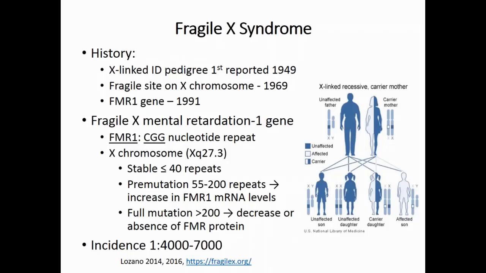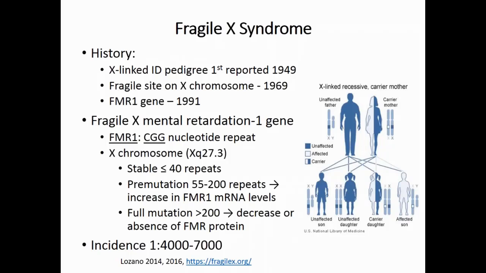The individuals Martin and Bell reported on turned out to have Fragile X when the testing became available in the 1990s. In 1969, researchers discovered a Fragile X site on the X chromosome in association with two brothers presenting with developmental concerns and atypical features. The Fragile X mental retardation gene mutation was discovered in 1991.